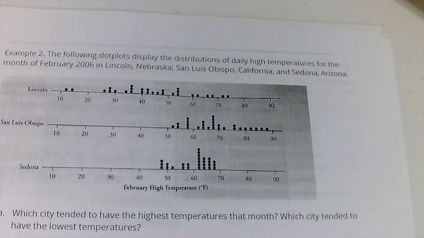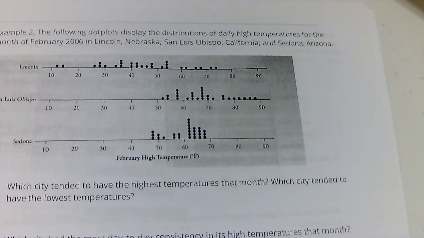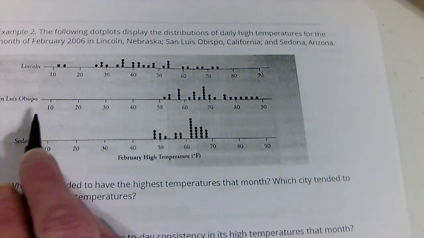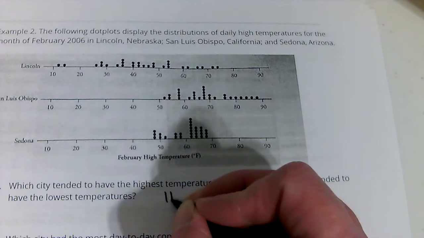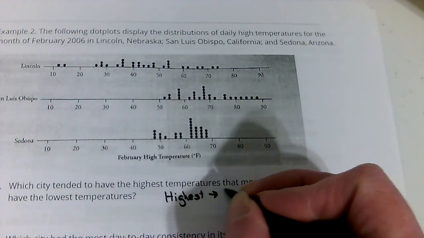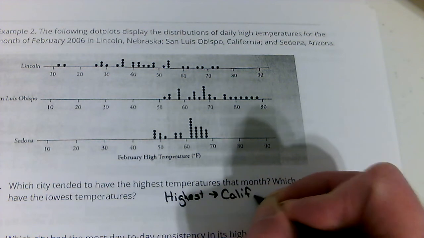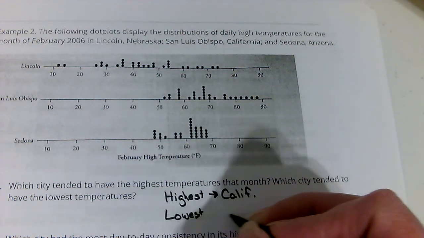And which city tended to have the lowest temperatures? So let's look. Which one has the highest temperatures? Well, it looks like the city in California had the highest. And the lowest, well, that looks like Lincoln, Nebraska.